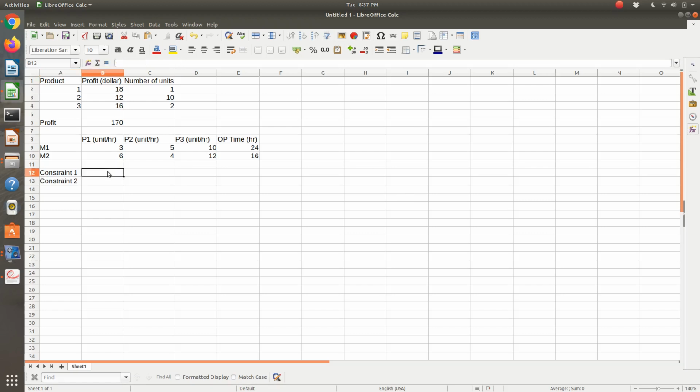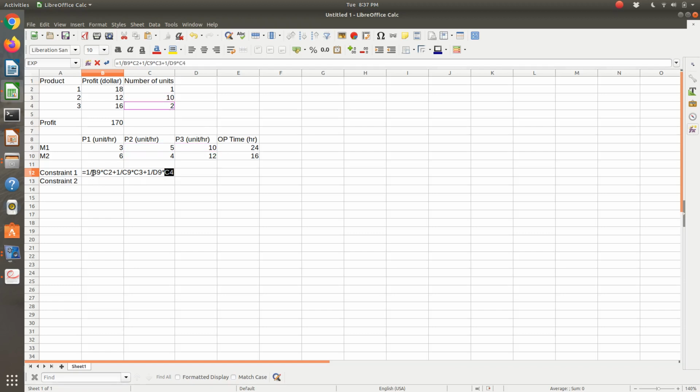our operating time. That took the form of 1 over the number of units per hour of product 1 on machine 1. So this then has units of hours per unit, and I'm going to multiply that by the number of units of product 1, plus do the same thing for product 2, and the same thing for product 3.